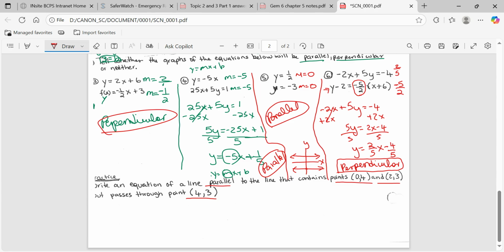It doesn't tell me what form, so we have choices. Let's go ahead and put this in standard form.